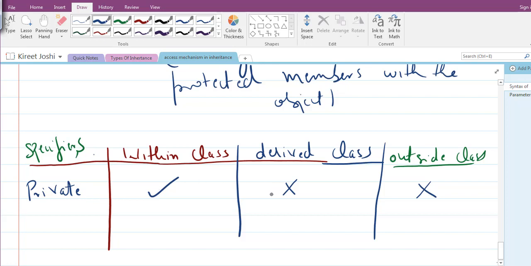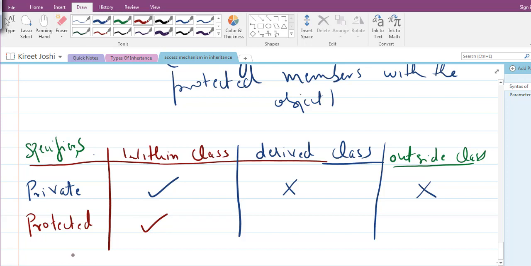They cannot be accessed in any of the derived classes, and they cannot be accessed outside the class, or you can say they cannot be accessed with the object directly. If the members are declared as protected, then within the class you can access the protected members.